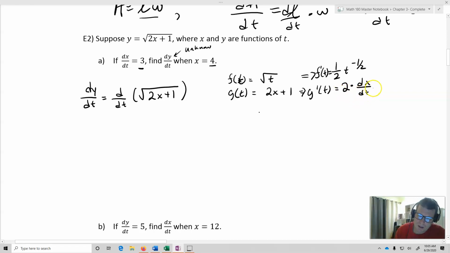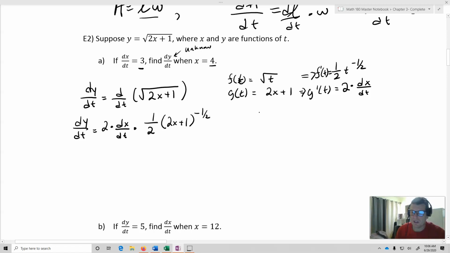That means dy/dt is going to equal 2 times dx/dt, using the chain rule, times 1/2 times 2x plus 1 to the negative 1/2.